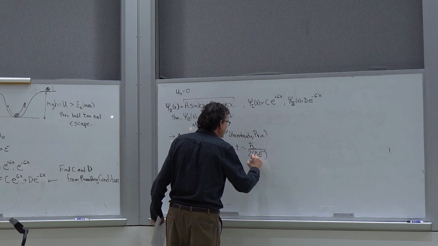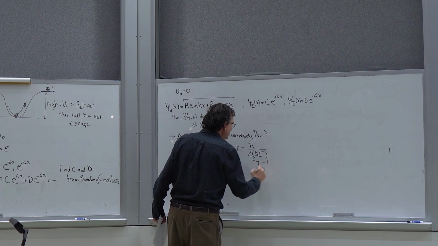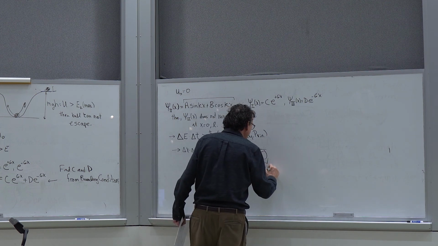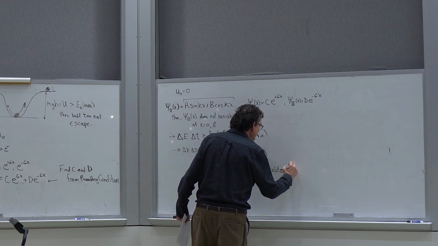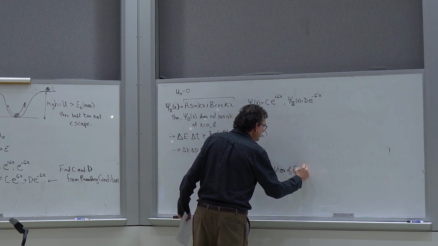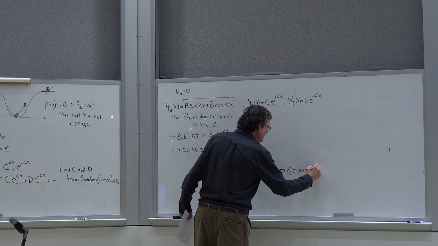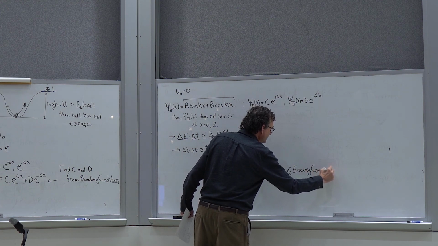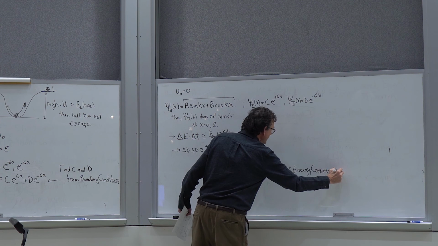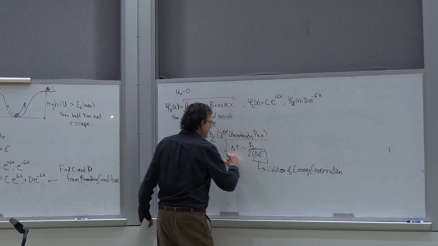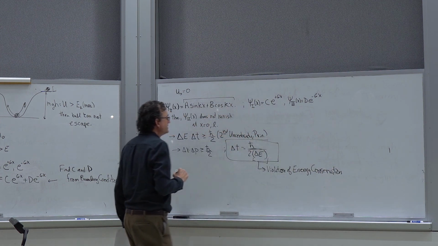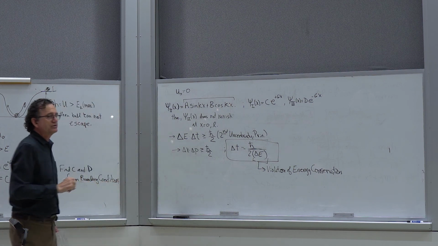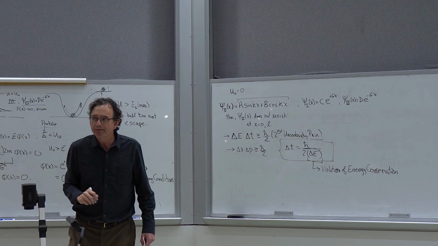So the amount by which energy conservation can be violated, so this is violation of energy conservation, can occur if it occurs over a time such that that time does not exceed h bar divided by 2 times delta E. Right?